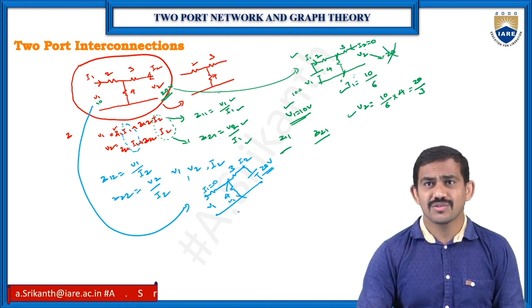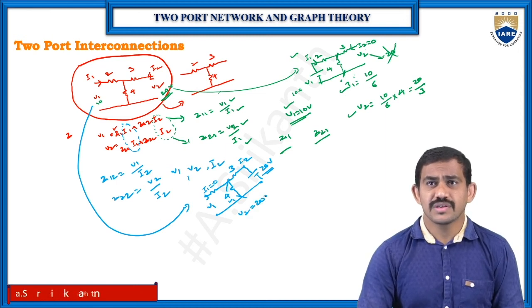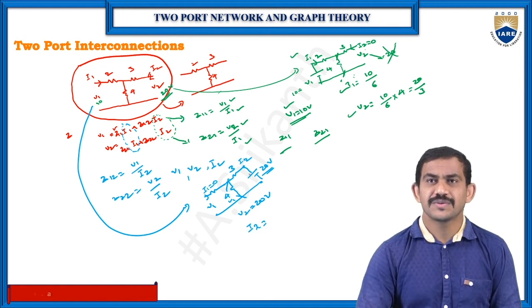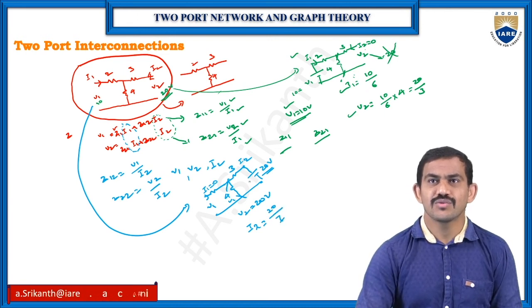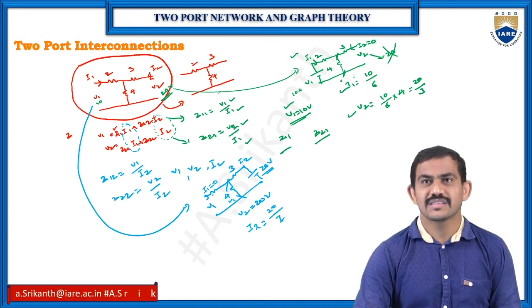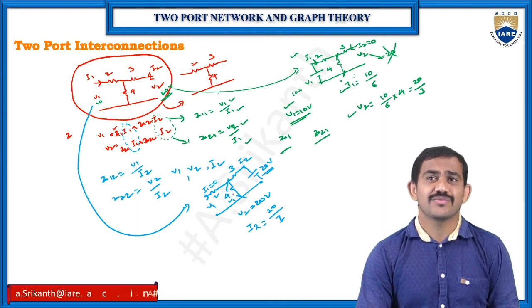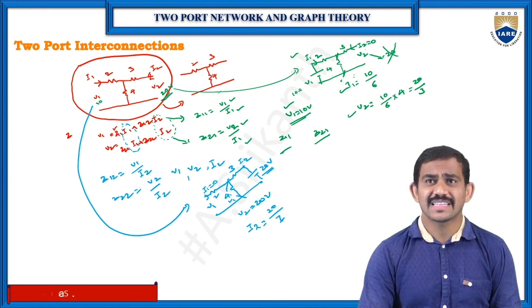Okay, I know the value of V2 is 20 volts. Since I1 is 0, the I2 value is 20 by 7. Only 20 is in the loop, and that is the I2 current. Here the 2 ohms need not be considered, since it's open. The 3 and 4 are both in series, so 3 plus 4 is 7, and V by R gives your I value.